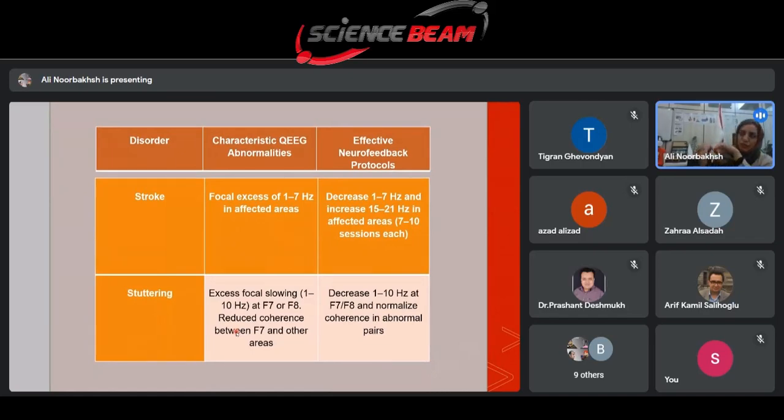And we can decrease 1 to 7 hertz and increase 15 to 21 hertz in the affected area. Stuttering: in stuttering, there is focal slowing of 1 to 10 hertz at F7 or F8. Reduced coherence between F7 and other areas, and we should decrease 1 to 10 hertz at F7 and F8.